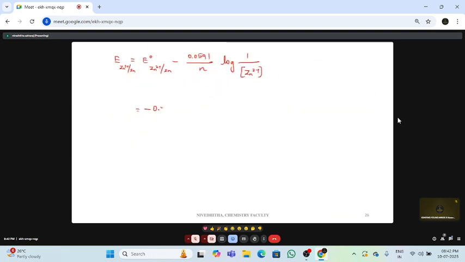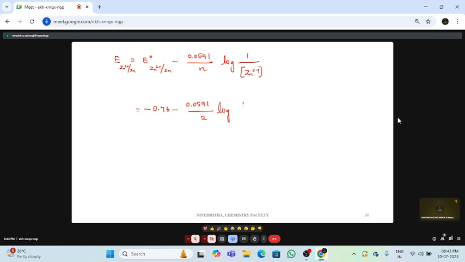Minus 0.76 minus 0.0591 divided by the number of electrons involved in this case. So here we have two species, Zn2 plus and Zn. How many electrons have to be gained by Zn2 plus to get converted into zinc? What is the number of electrons involved here? 2.